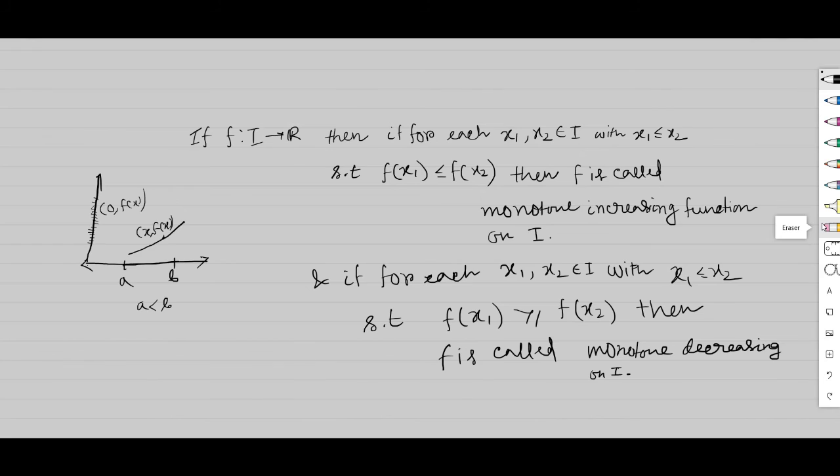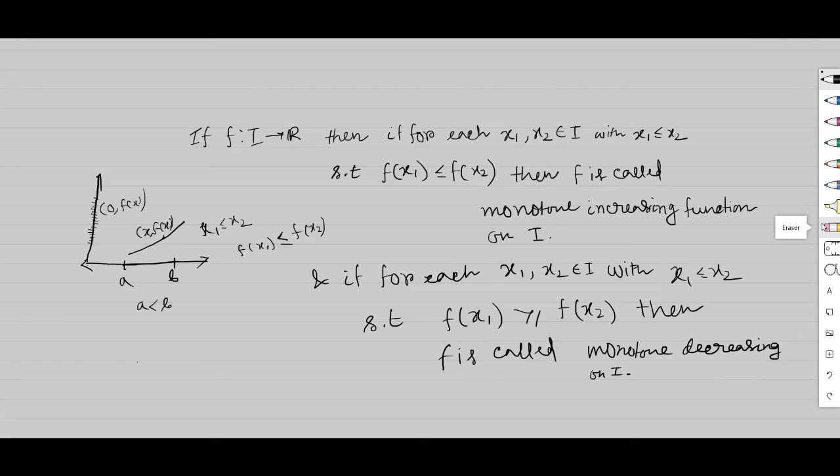You can easily see that for each x1, x2 in a comma b, f(x1) less or equal to f(x2) is maintained in this curve. So this is a graph of a monotone increasing function.